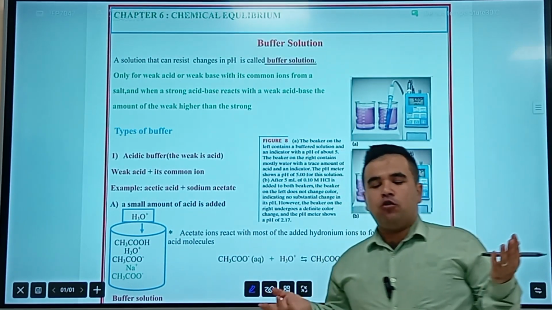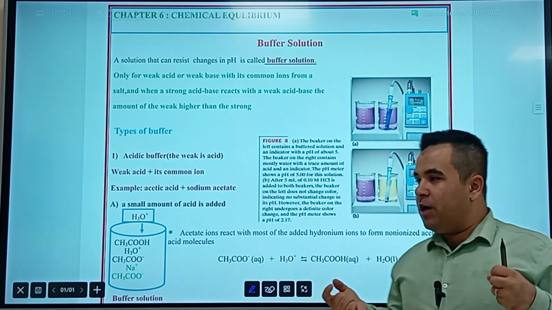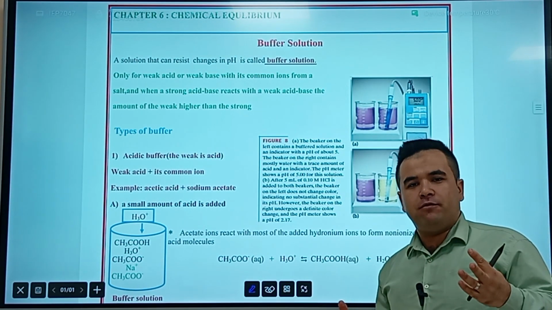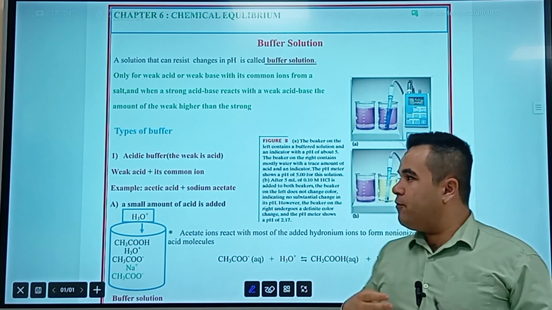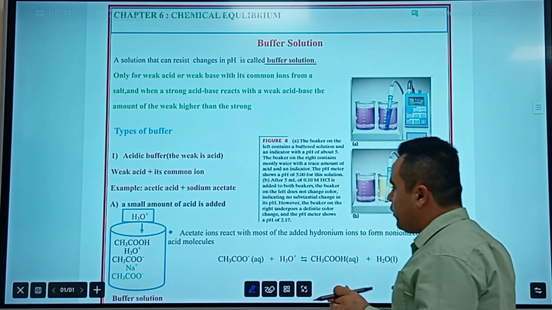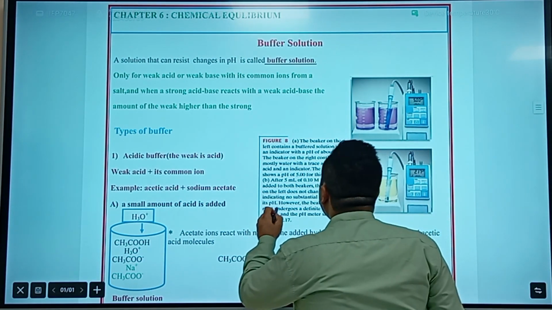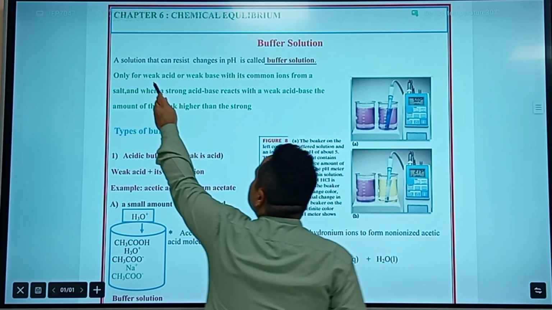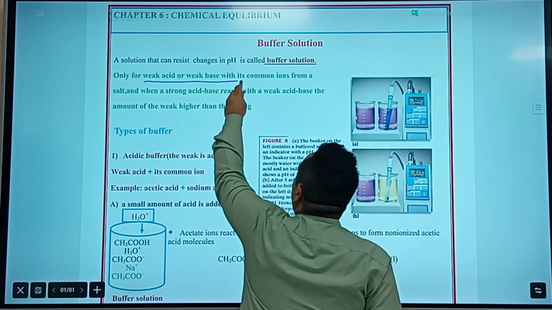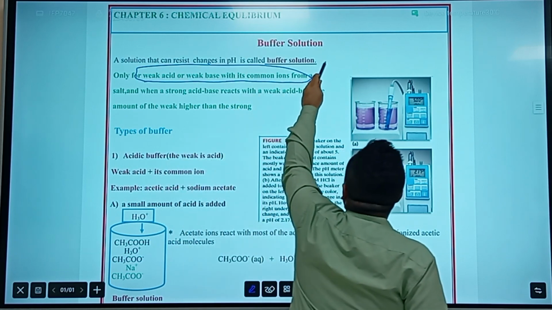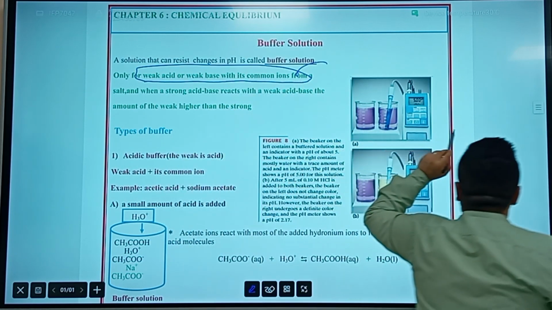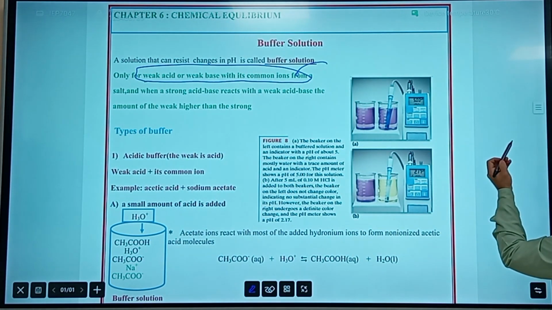What are the types of buffers? We'll be talking about the types of buffers and how to form buffers. For the formation of buffers, we have two forms in our curriculum, guys. First, form a weak acid or weak base with its common ion, and then add a strong acid or a strong base to those solutions.